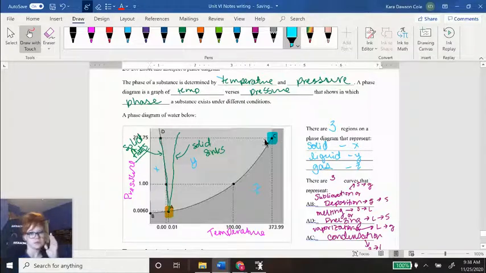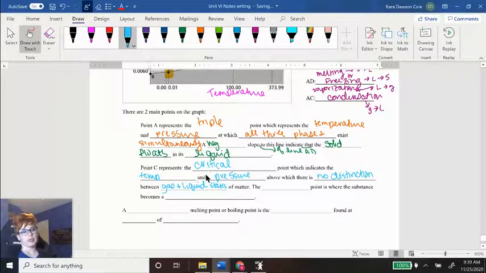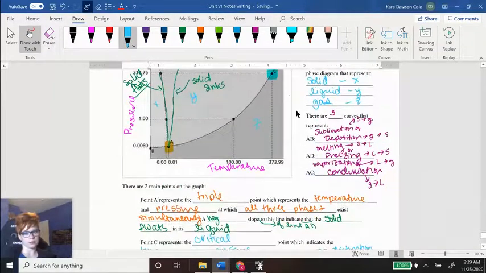So point C, which is this point way up here, represents the critical point. And this indicates the temperature and pressure above which there's no distinction between the gas and liquid states. So this is C up here.